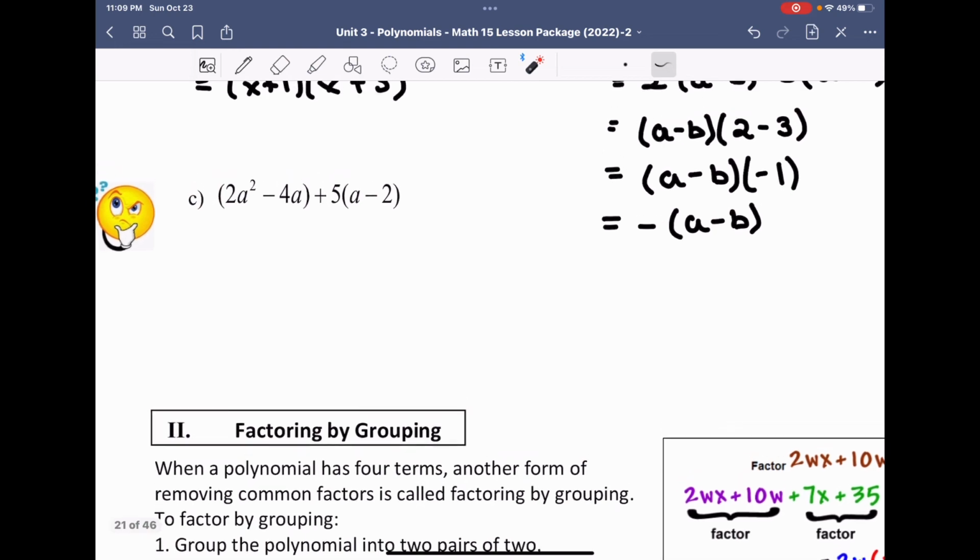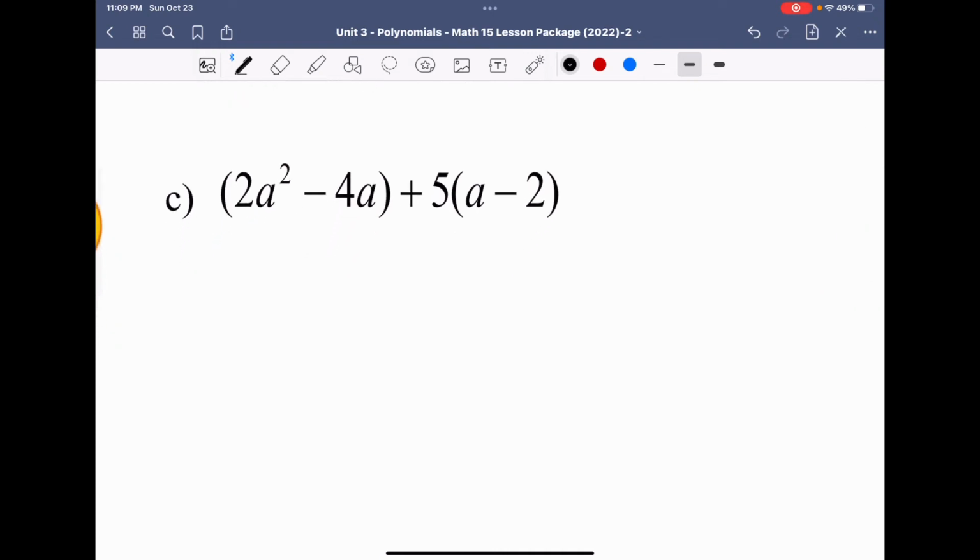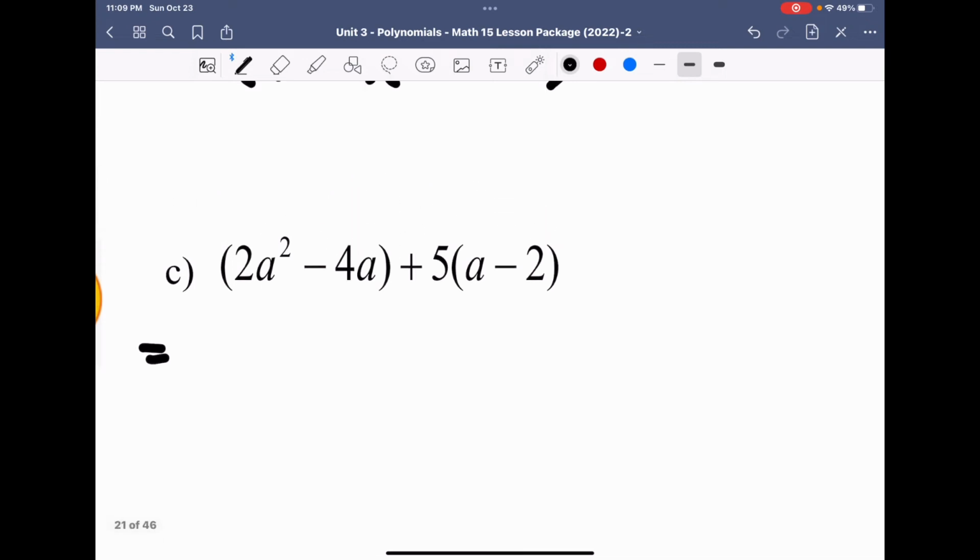All right, now we go down to C here. If I look at the bracketed terms, I have a minus 2 times some number, and I have a couple things going on in here. I need to realize that, just like our note said earlier, looking to pull out a greatest common factor is always the first step. So I'm going to take out a greatest common factor from my first bracket.